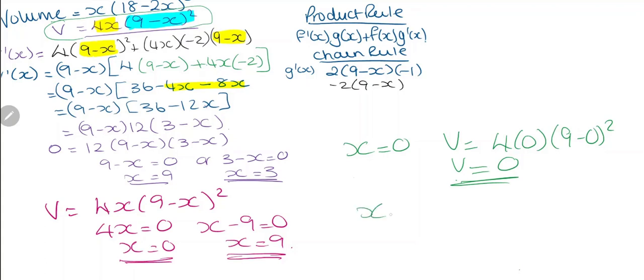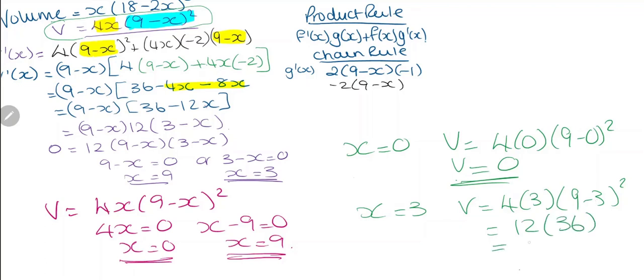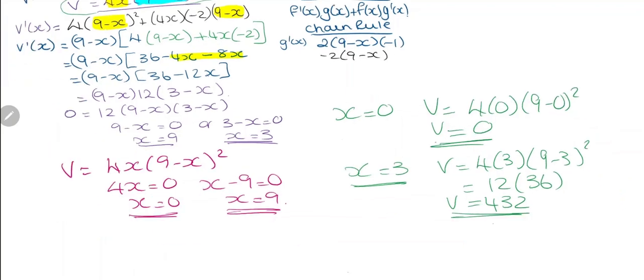If we substitute in 3, our volume is 4 multiplied by 3 multiplied by 9 minus 3 squared. So 12 multiplied by 6 squared, which is 36. So we'll have 432. So when x is 3, we'll have a volume of 432.